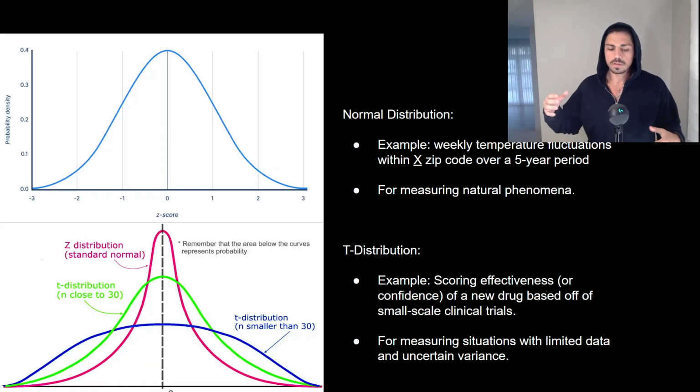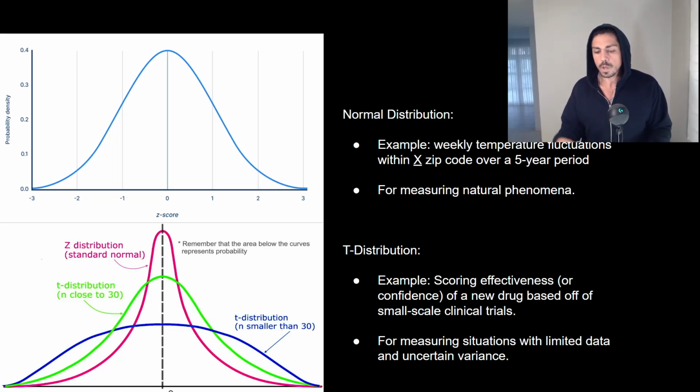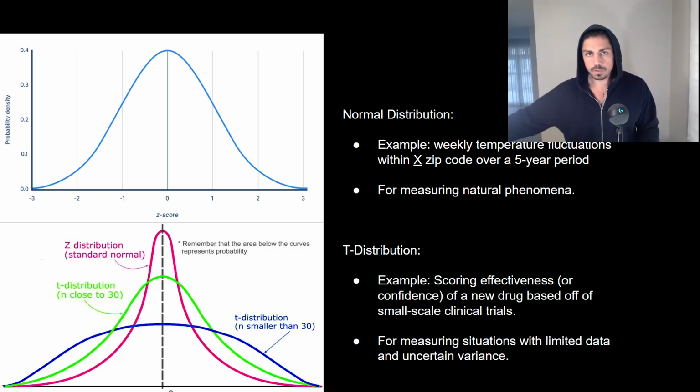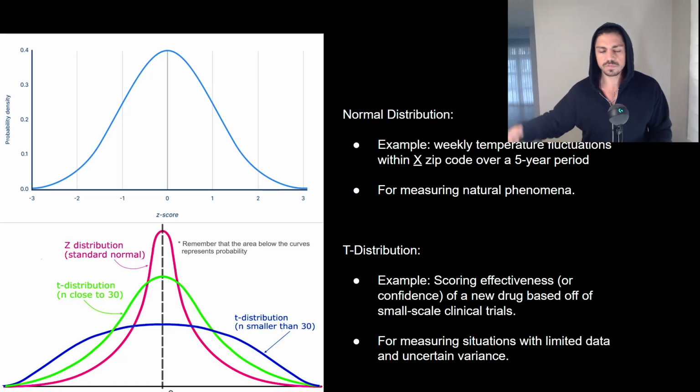Like we were just touching on, a normal distribution is a simple example of weekly temperature fluctuations within a given zip code over a period of time, right? So it's for measuring natural phenomena that we have huge data for. A T distribution is a little bit different. This is for scoring the effectiveness or confidence of a new drug based off of some small clinical trial, right?